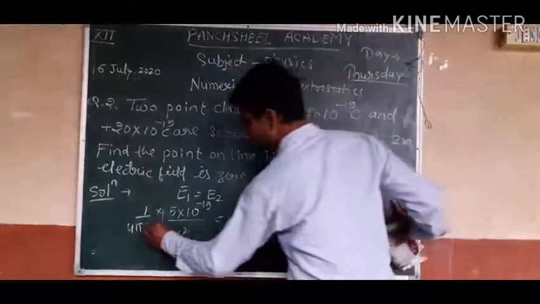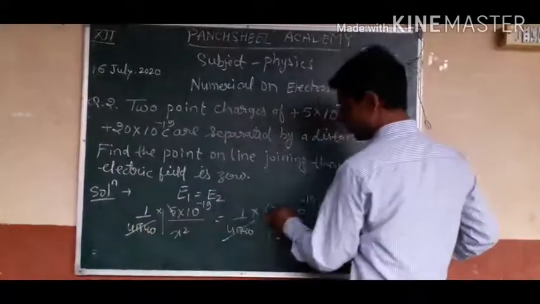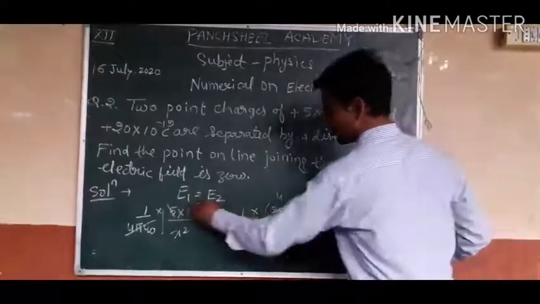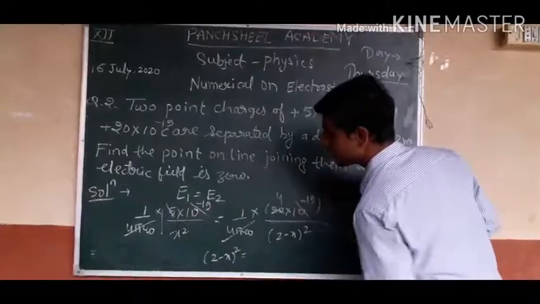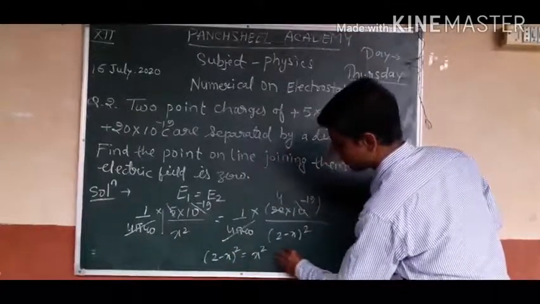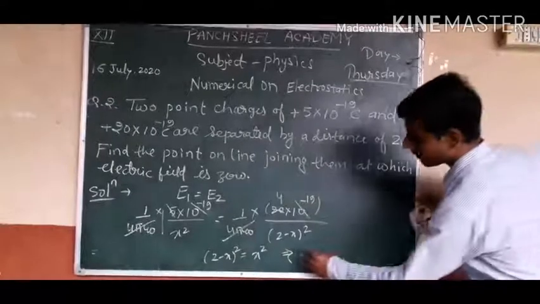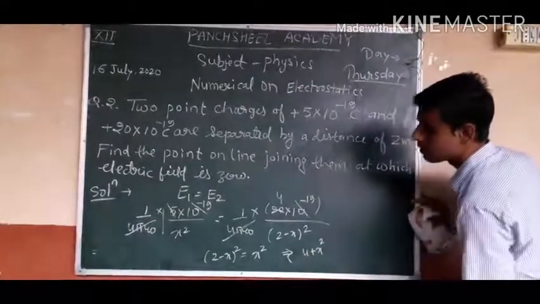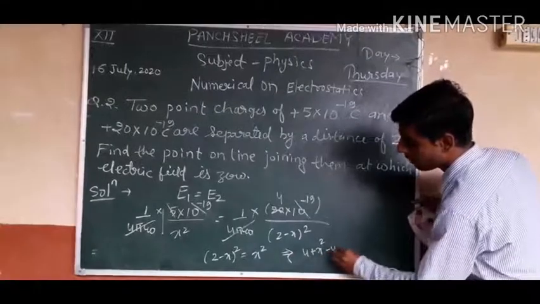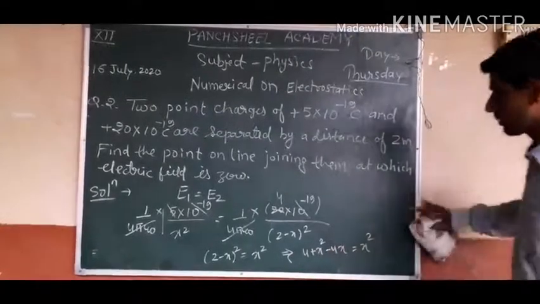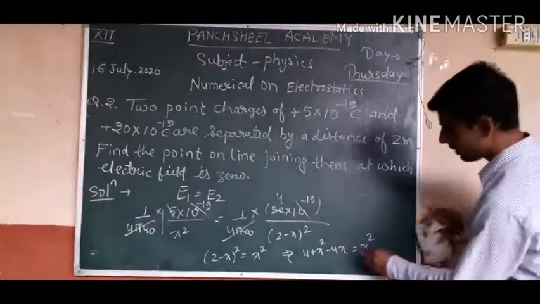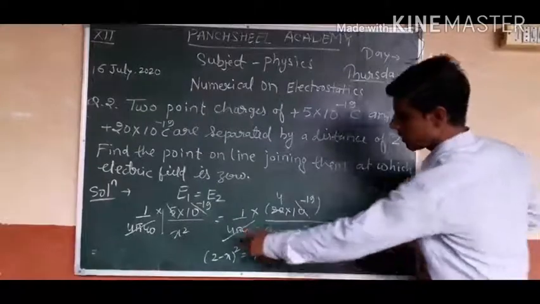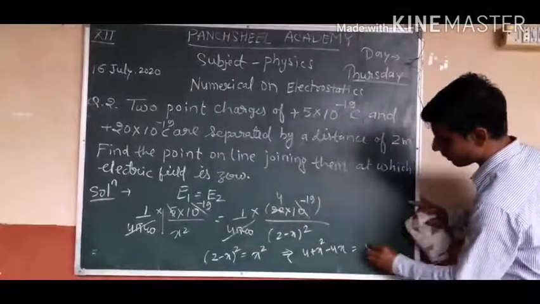So this cancels out, and 5 to 4 and all these things are cancelled. So 2 minus x whole square equals x square, and 4 plus x square minus 4x equals 4x square. Sorry, one thing: because here is 4, so this is 4x square.